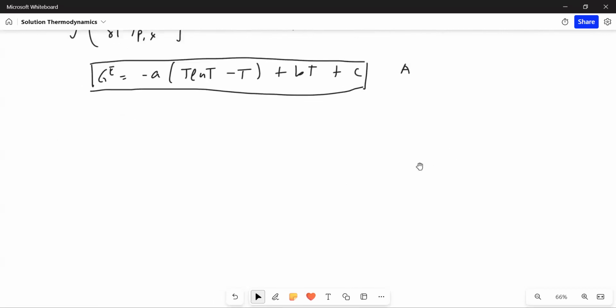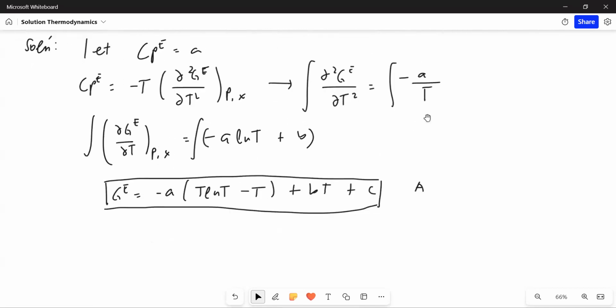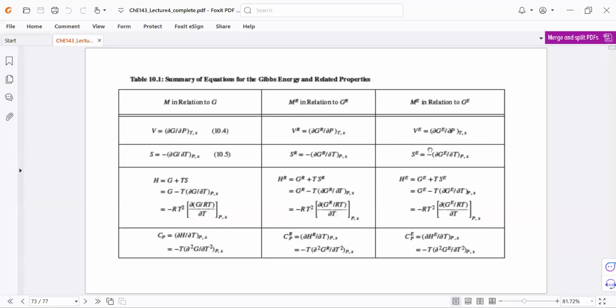How about for the excess S and excess H? For the excess S, let me go back to the table again. As you can see for the excess S, this is the equation.